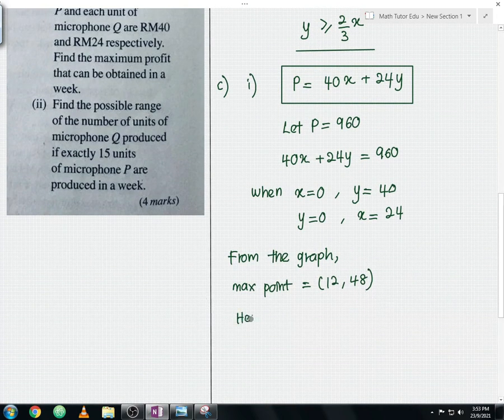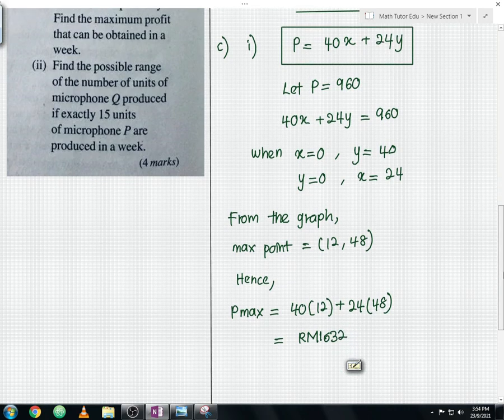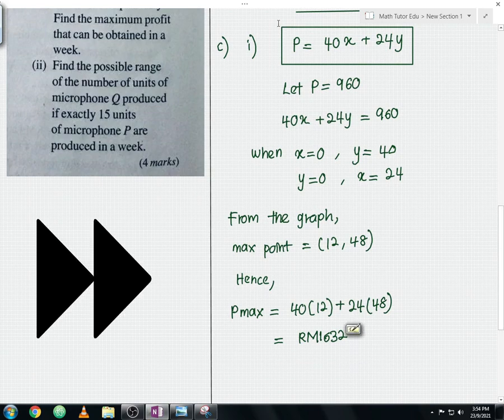Hence, your maximum profit is equal to 40 times 12 plus 24 times 48. If you calculate this, you should get your maximum profit equal to 1632. So this is your maximum profit, guys. Let me outline the solution for question C part 1.